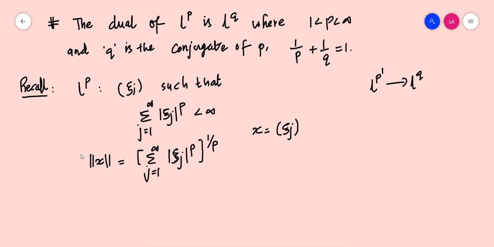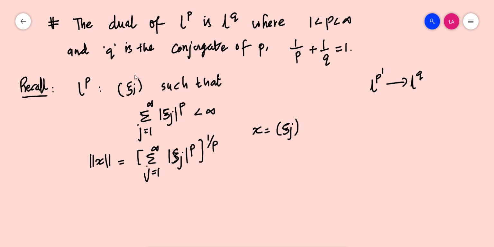We have already discussed the properties of LP space in general. And Q is the conjugate, meaning 1/P plus 1/Q should be equal to 1. So please remember these terminologies.